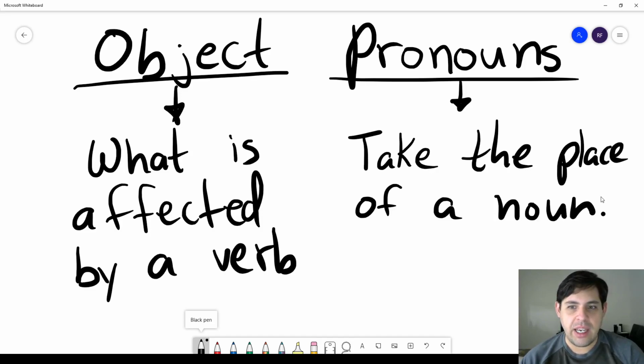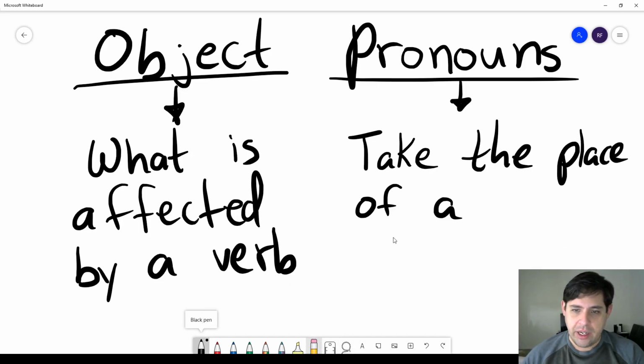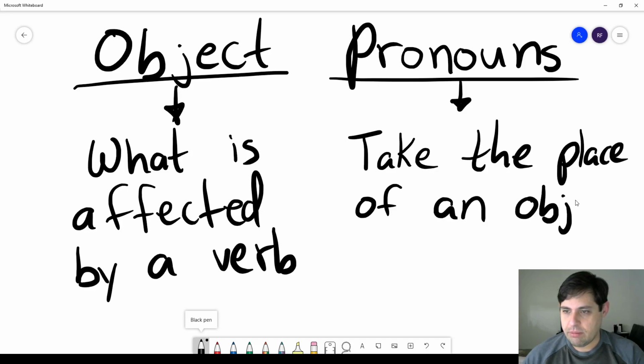These are words that take the place of a subject, right? So for example, I, you, he, she, it. Okay, well, object pronouns are going to be taking the place of an object. Right?